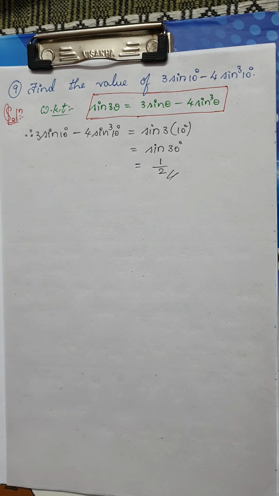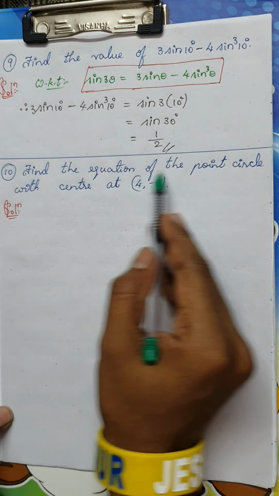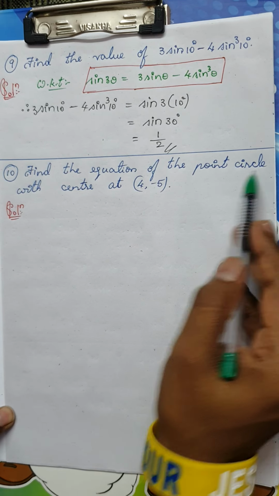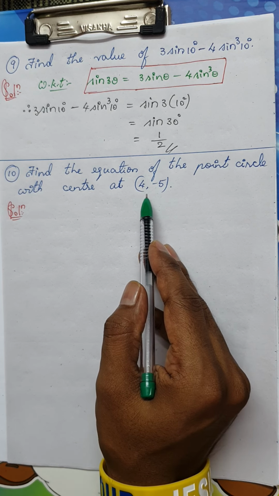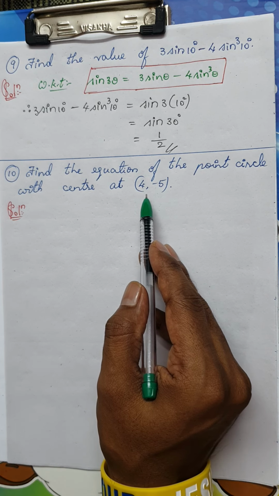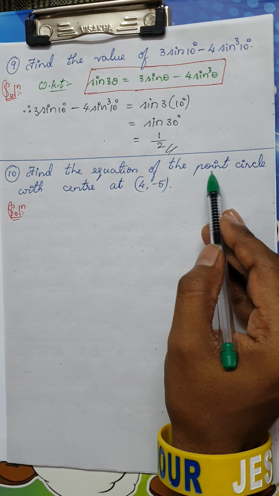Okay, right. We are left with one last question. Let us discuss that also. The 10th question is on circles. Find the equation of the point circle with center at (4, -5). Now only the center is given. What about the radius? Any idea? You can see here, he has already given a hint: point circle.